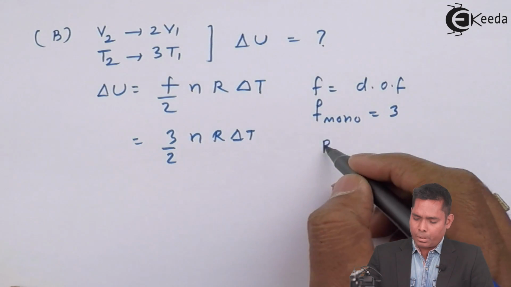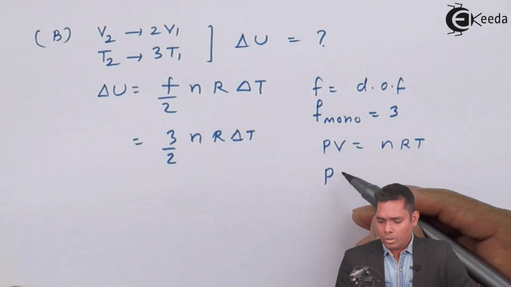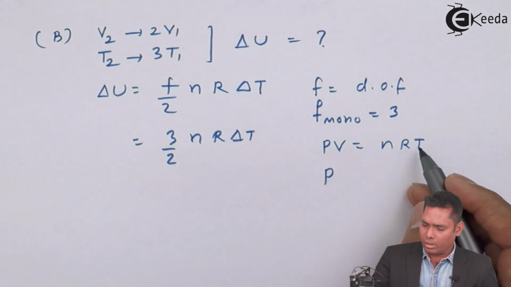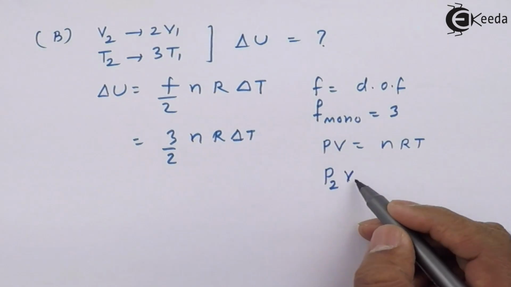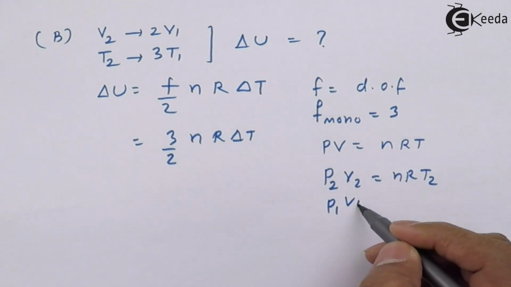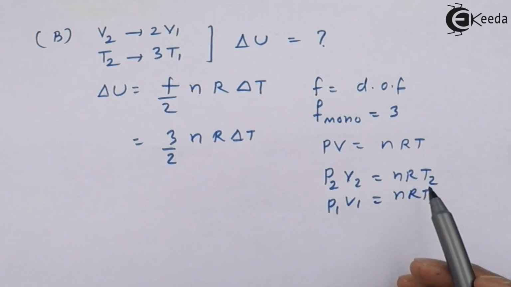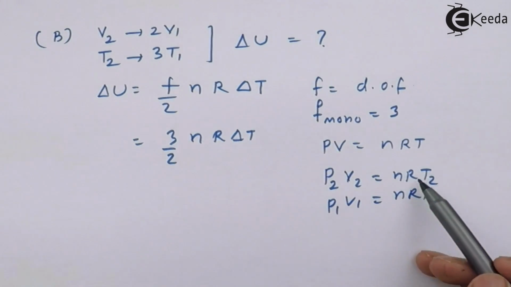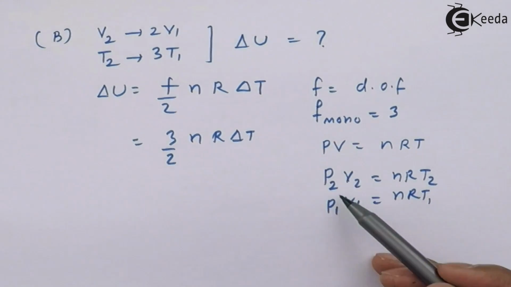We know that PV equals nRT, so final P2V2 is nRT2, P1V1 is nRT1. So the change is this minus this. nR delta T will be obtained here, this 2 minus this 2.